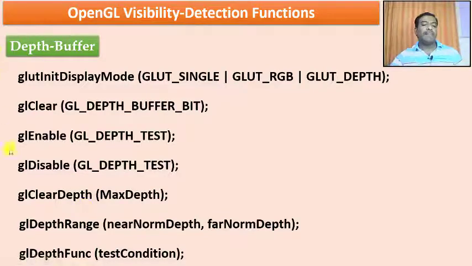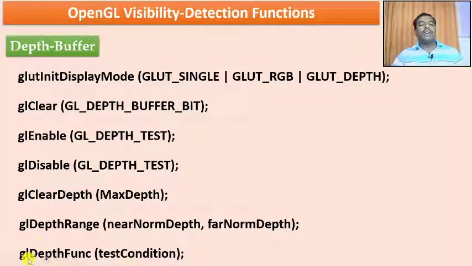If you want to change that maximum value, you can use glClearDepth and say what the new depth value is going to be. And glDepthRange is going to start from 0, the near, and the far is going to be 1 by default. If you want to change this range, either from 10 to 20, or 0 to 100, or 0.5 to 0.75, you can make use of glDepthRange.